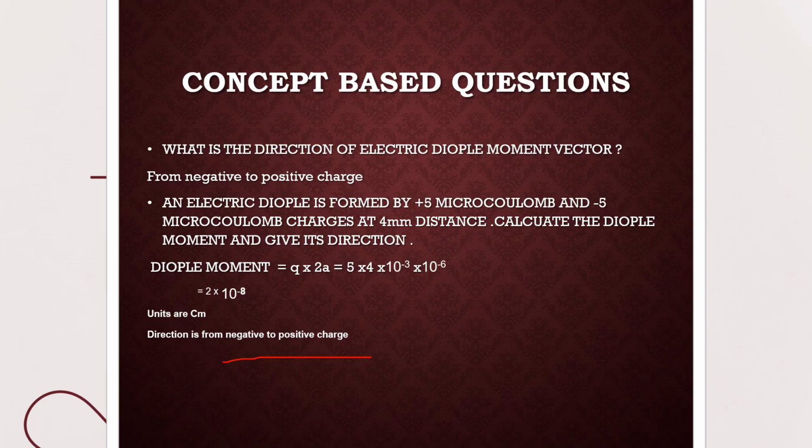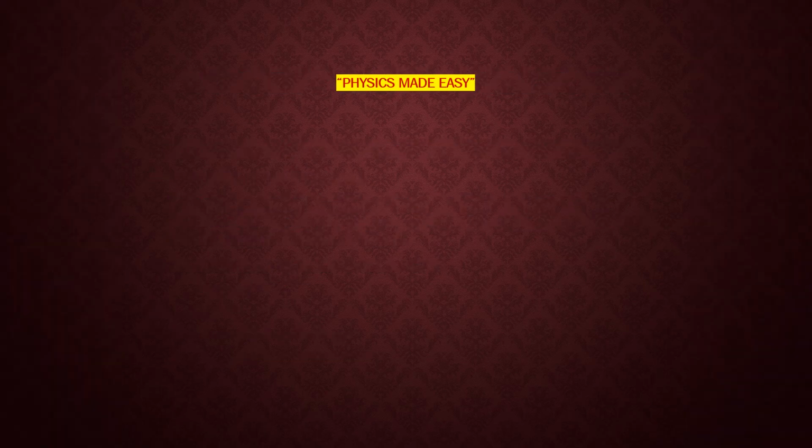And about the dipole moment, we are aware of the formula that the dipole moment is equal to the product of the magnitude of either charge multiplied by the dipole length. So we can do the calculations and we get the final answer, and the units can be represented in coulomb meter.